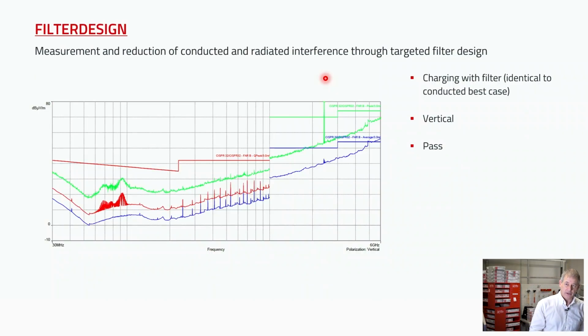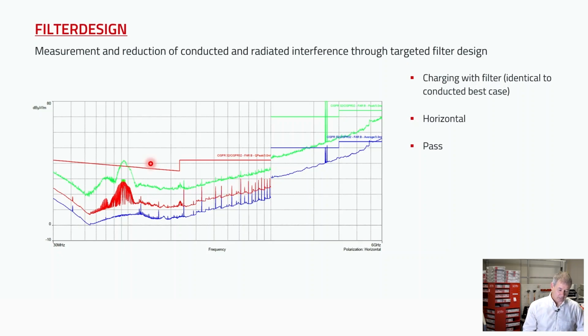What we also see, if we have the complete filter on the lines, the two LC and the L in the ground line, is in vertical direction of the antenna a big gap to the limit line, and close to the same in the horizontal direction, a little bit more in this frequency range, but at the end, we pass the whole radiated test.